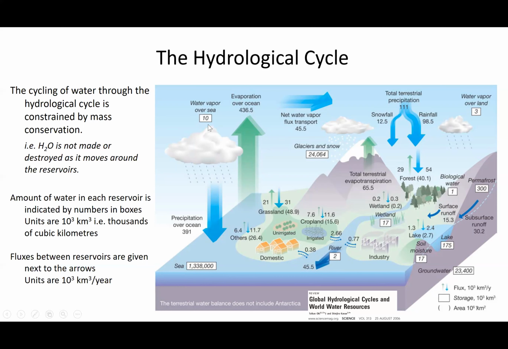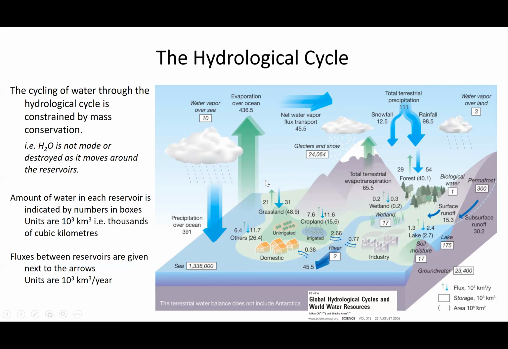The amount of water in the atmosphere over the sea is 10,000 cubic kilometres of water. The amount of water in glaciers and snow and ice sheets is 24,000 cubic kilometres of water. These are very big numbers.